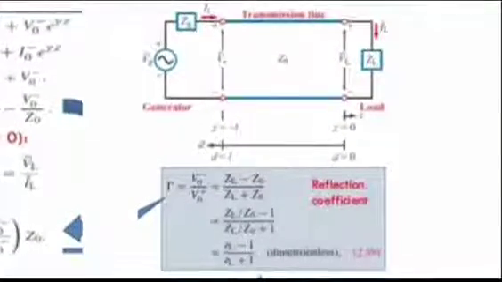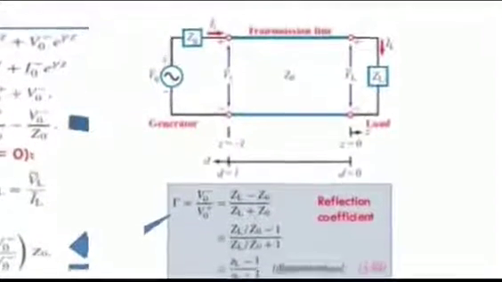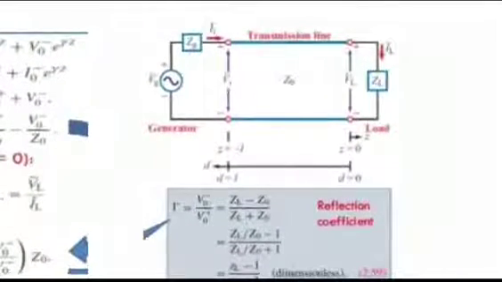If you look at the transmission line, you have the load impedance ZL, across it the current IL, the generator voltage VG, and ZG. The reflection coefficient is simply the reflected wave to the incident wave. The reflected wave we take as V naught negative, whereas the incident wave is simply V naught positive.